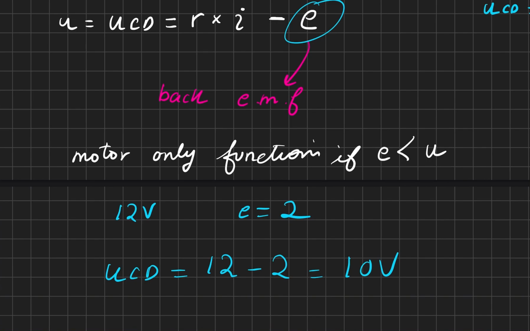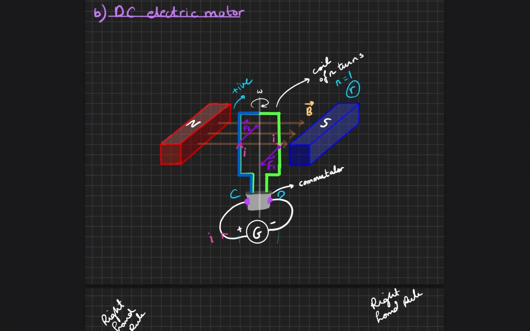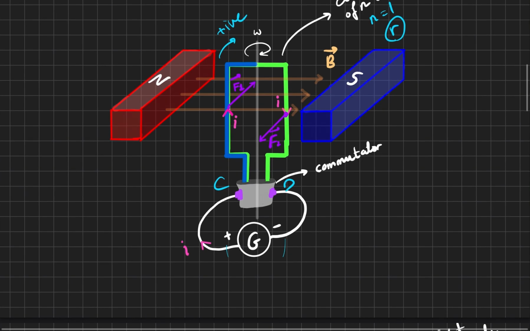Basically, that's how an electric motor works. It uses the principle of having an electric current passing through a conductor in a magnetic field. It will create a force F, with forces F1 and F2 on the two sides of the coil.